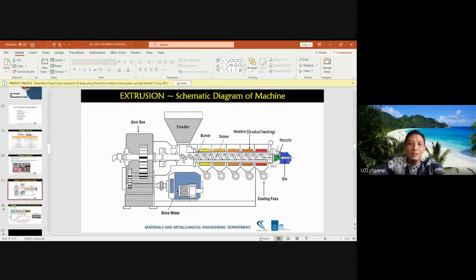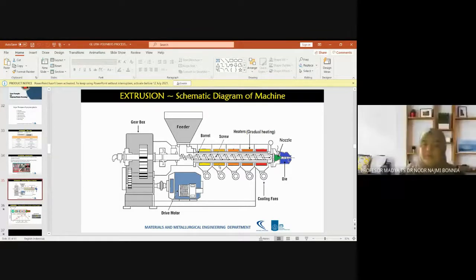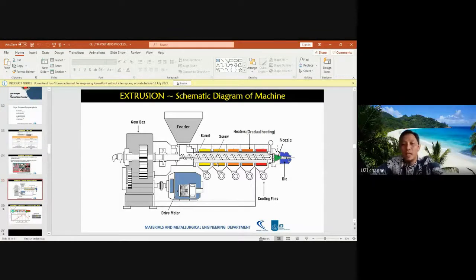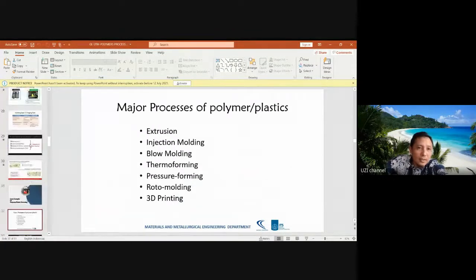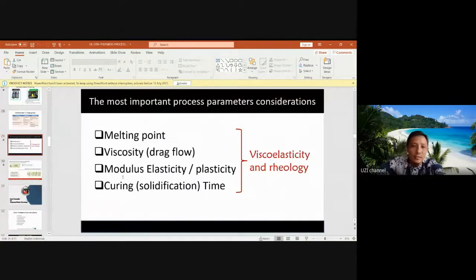Many parts of the extrusion can cause problems and affect the product, for example, porosity within the final product, because of this parameter. This is a very critical parameter that should be considered during the processing of polymer materials.